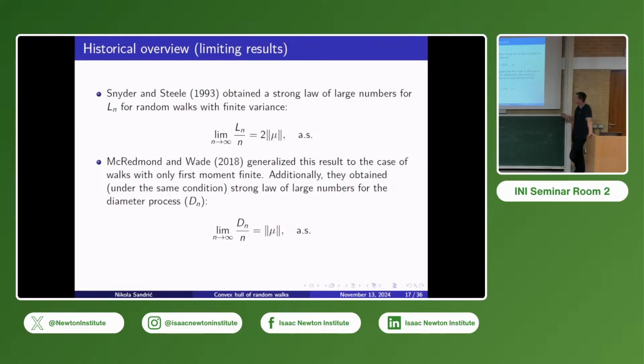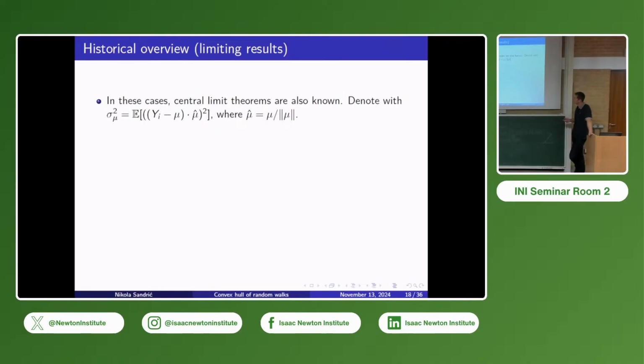Okay, now when one has a strong law of large numbers, one can also ask whether one can get something in the central limit theorem direction. And this is actually true. But the important thing here is to consider this number here. By mu hat, we denote the unit vector in the direction of the drift. And this is nothing else than the variance in the direction of the drift.